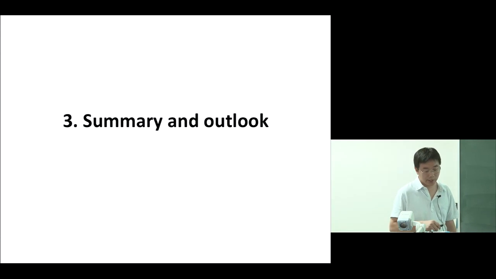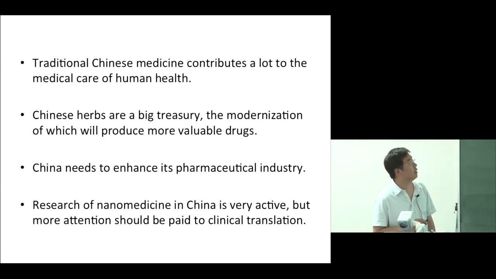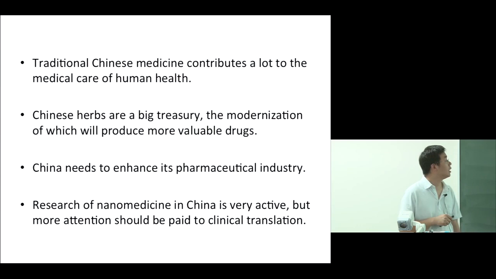I want to summarize this part and give some outlook. First, traditional Chinese medicine contributes a lot to the medical care of human health during these several thousand years, not only in China, but also in Japan, Korea, Vietnam, Singapore, all over the world.